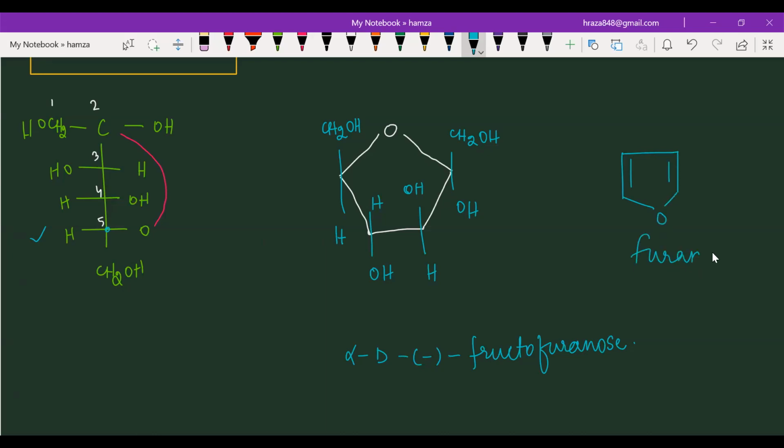Also, you should take care of this CH2OH. If it is above, that means it is alpha. And if it goes below, that means beta, anomers. Everyone getting my point? Yes, sir.